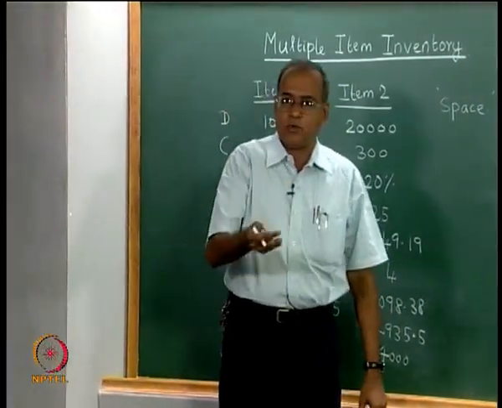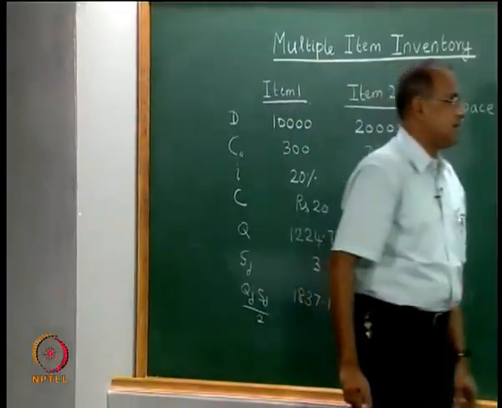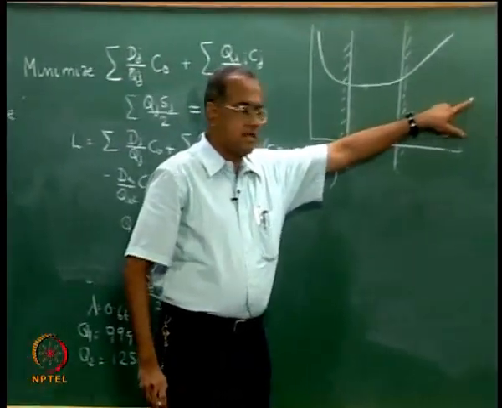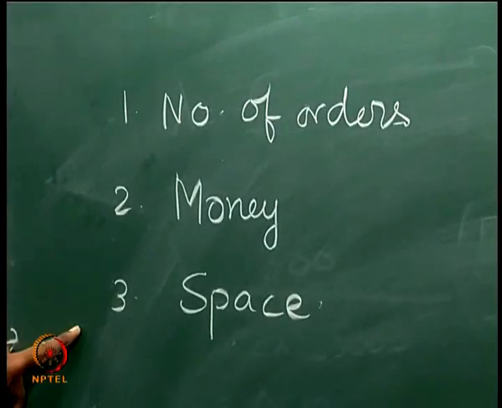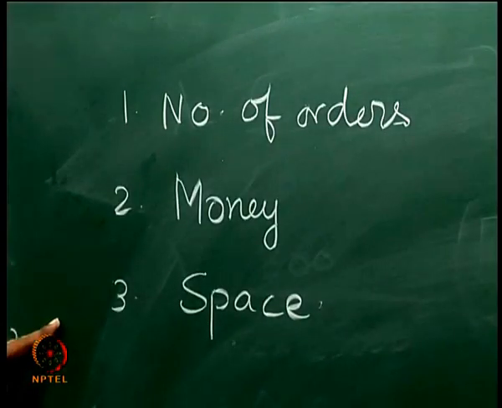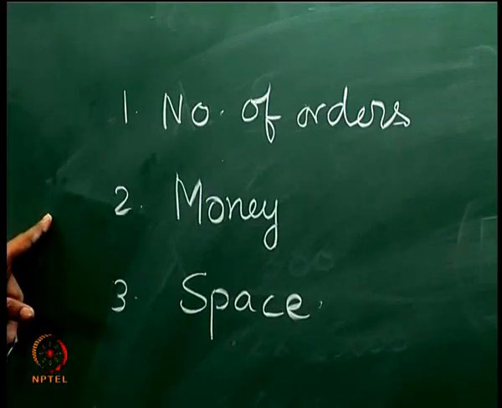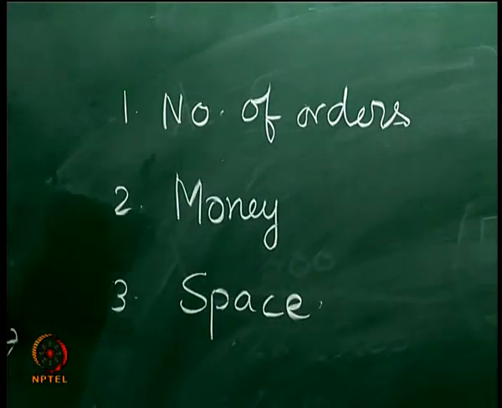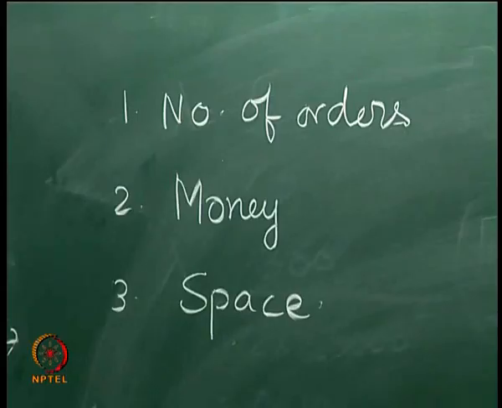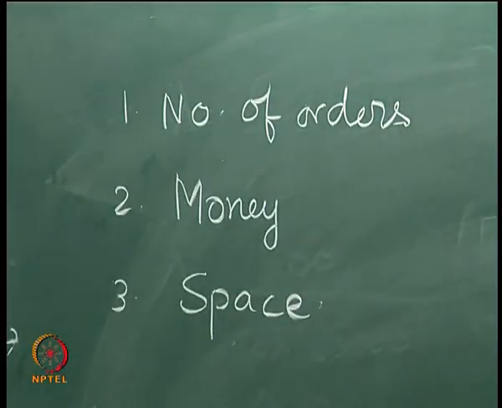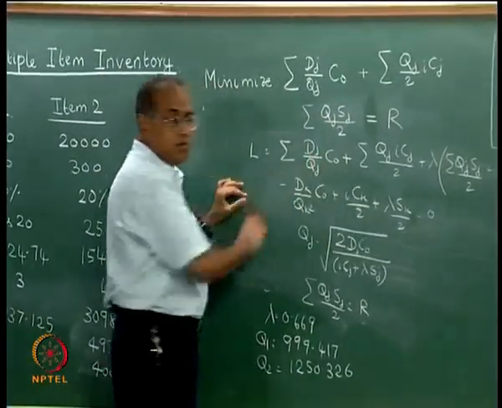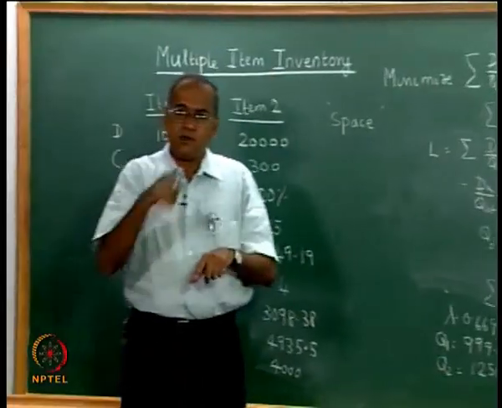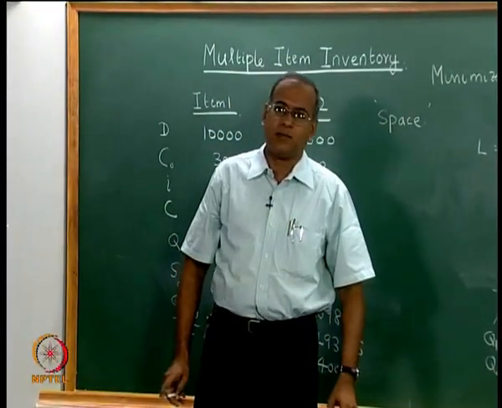The proportionality rule also works. So, it is easy to solve for this first and then check whether that solution satisfies this, then it is optimal to both. Otherwise, we have to solve for this and it will automatically satisfy the other one. So, that is the way we take care of multiple items. We do not prescribe to have a situation where you have more than one constraint and then you take more than one Lagrangian multiplier.